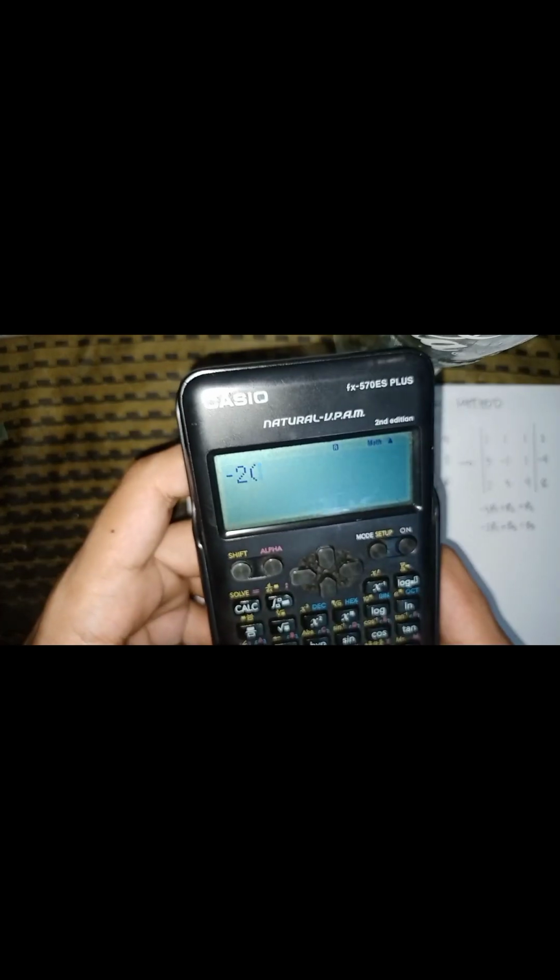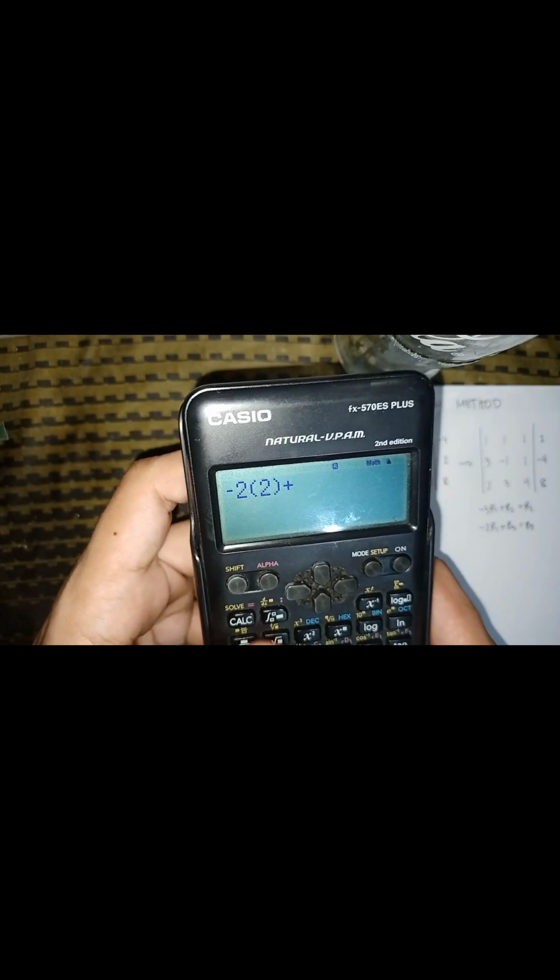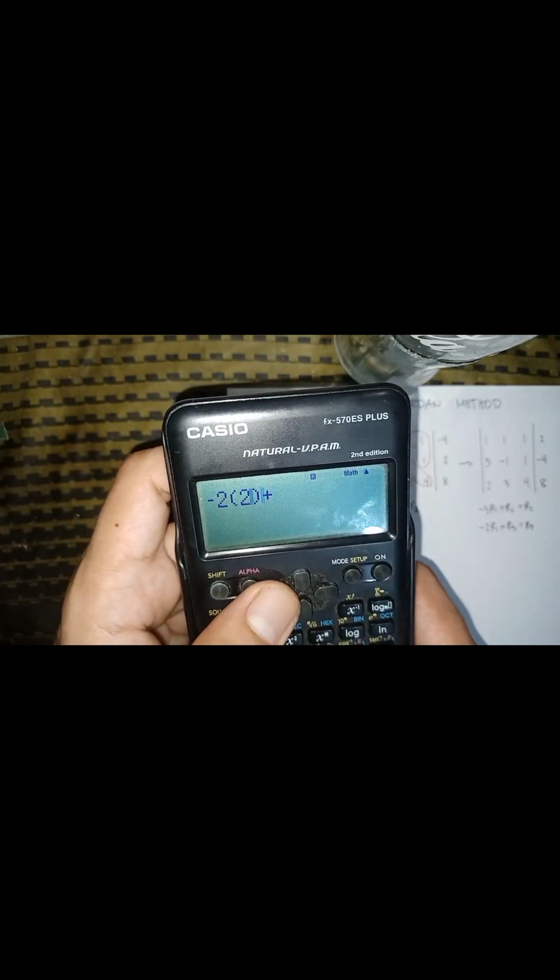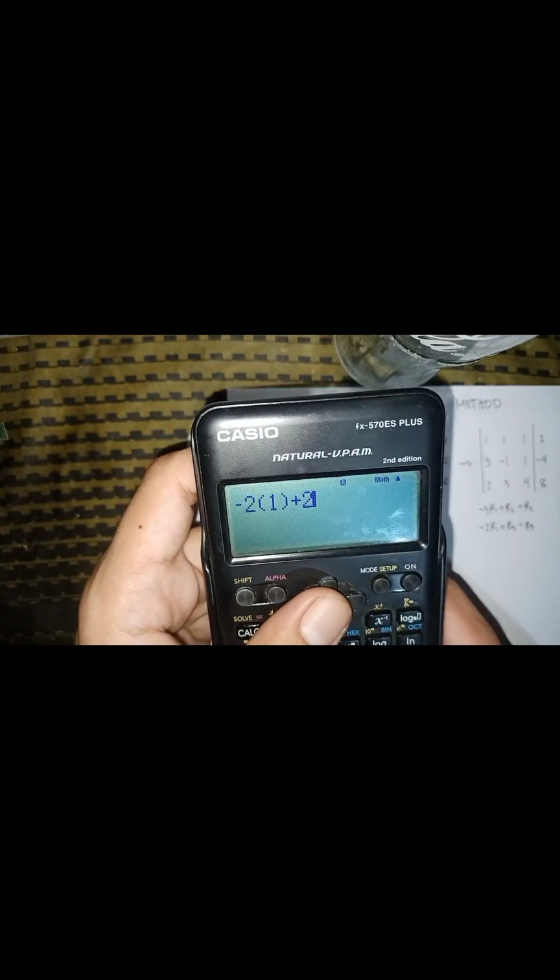As we can see, it is now 0 in column 1 in row 2. The next goal is, in column 1 in row 3, we have to make this 0. Again, we have the formula of negative 2 times R1 plus R3. You just have to plug in the numbers. R1 is 1, R3 is 2. So it is 0.